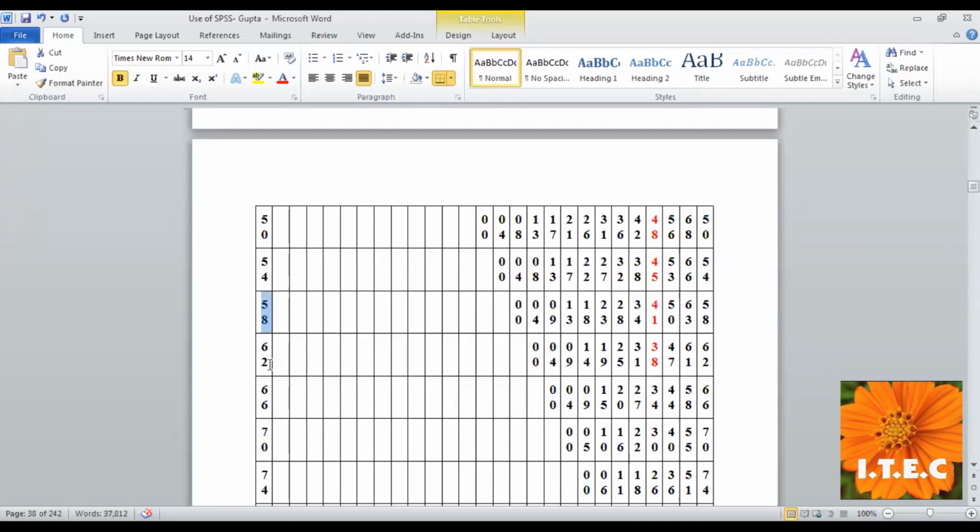This is 58 and this is 62. So you can see it from anywhere you like.